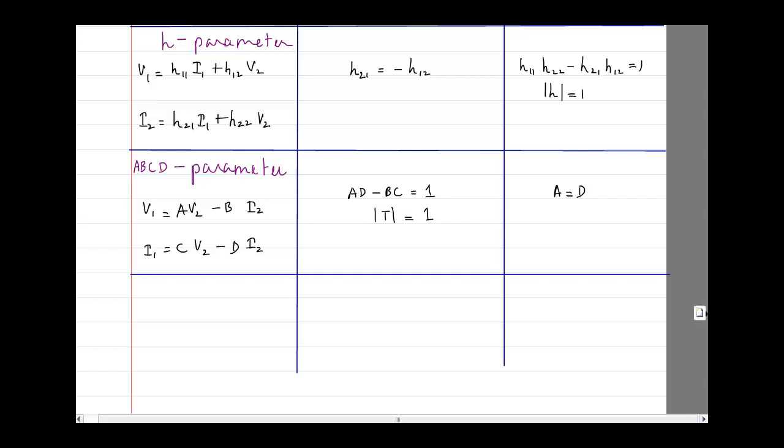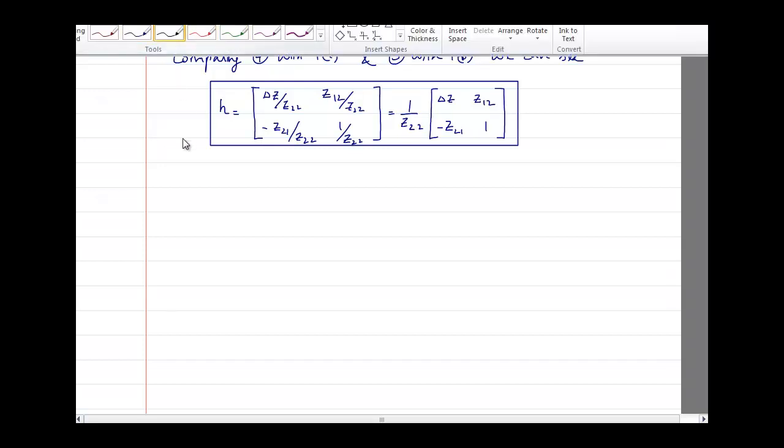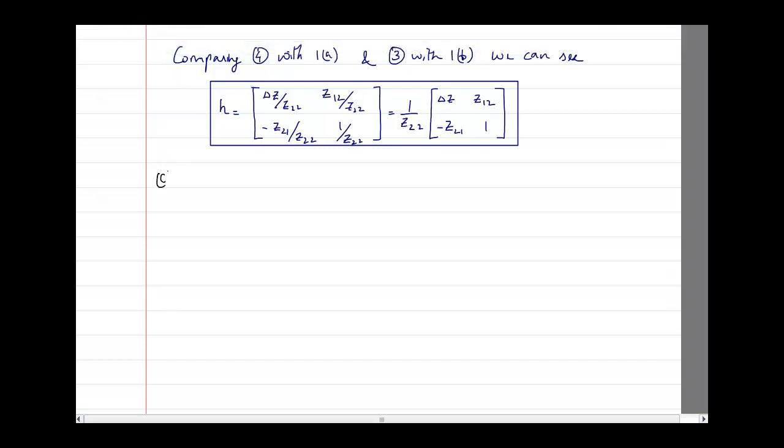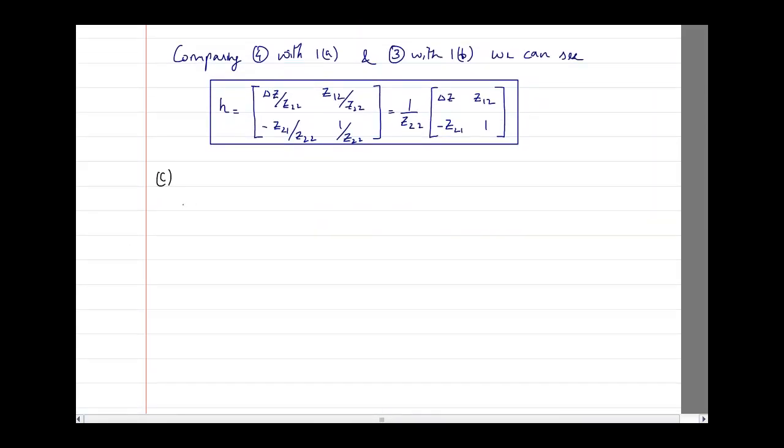So the same thing I am going to write here. That was B, this is going to be C. So this is T parameter in terms of Z parameter.